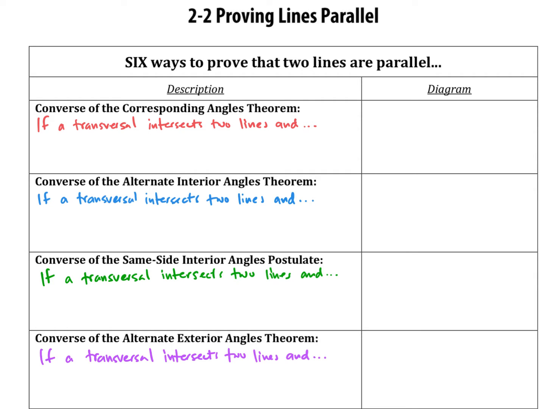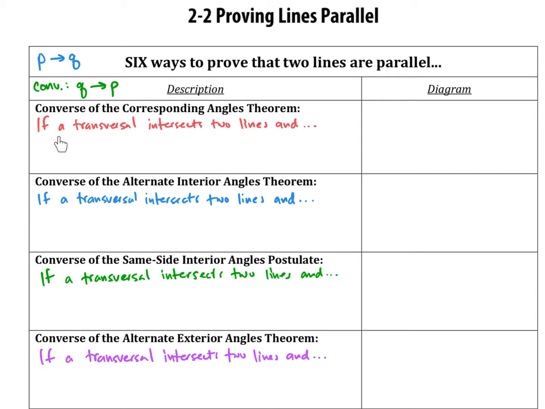Just as a reminder, if our original statement says if P then Q, then the converse of that statement says if Q then P. So the corresponding angles theorem itself said if two parallel lines are crossed by a transversal, then the corresponding angles are congruent.